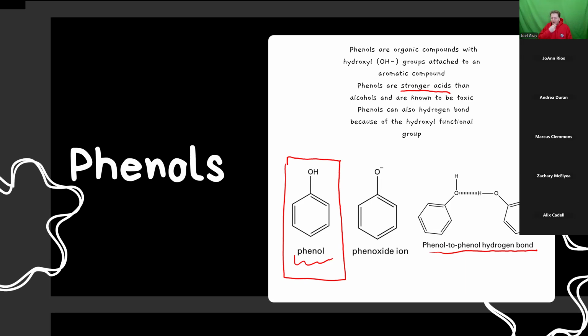So when you see this molecule, you should think, well, it's got those two lone pairs of electrons on that oxygen. So it's almost like a polar version of benzene. Or let's rephrase this: benzene plus polar group.